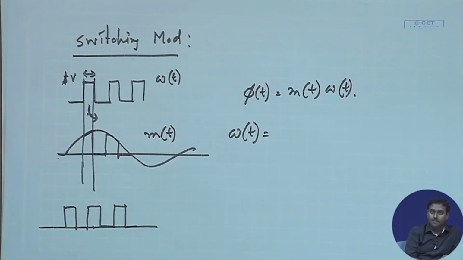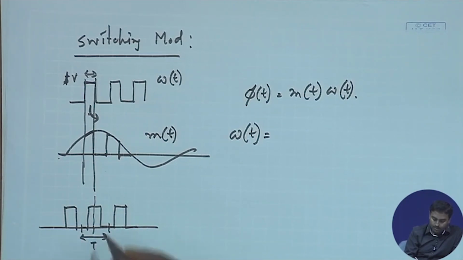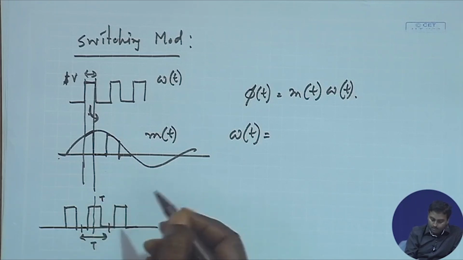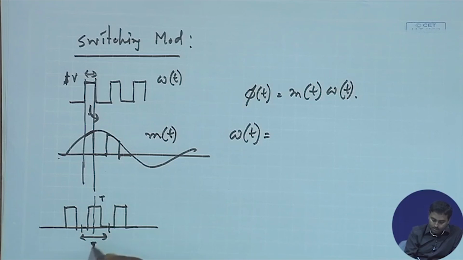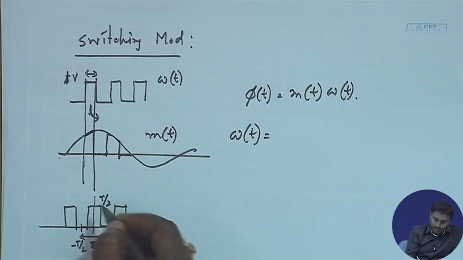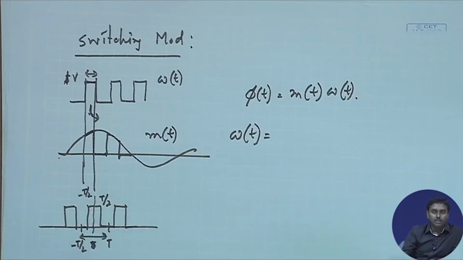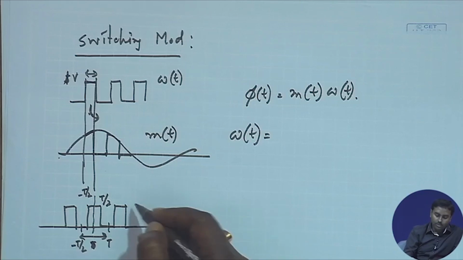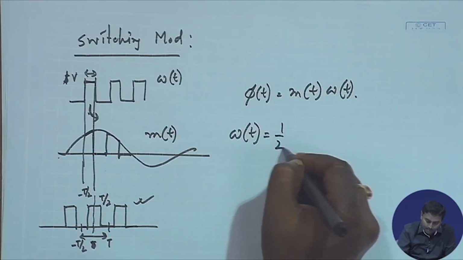It is something like this: with overall period T, from minus T by 2 to T by 2, and with this period it gets repeated. If you do Fourier series analysis, you can represent it as follows.